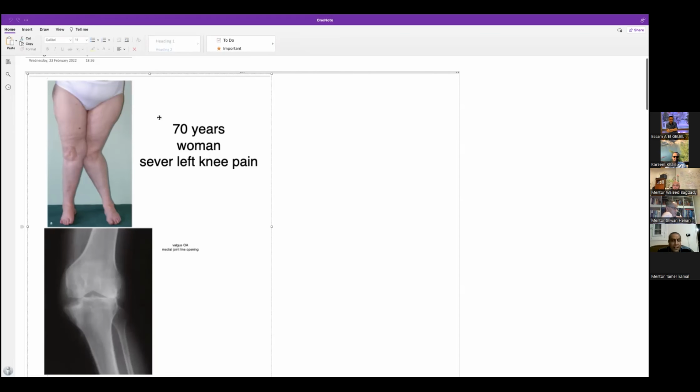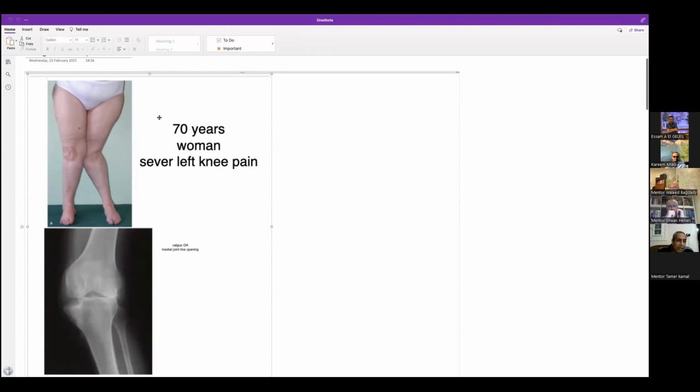I need to take the history regarding the patient's symptoms, how this pain is affecting the quality of life, and I need to also assess the comorbid conditions and the ambulatory status of the patient. Then I need to examine the patient to see her gait, if there's any thrust during walking, any limping, if she's using any assistive walking aids.